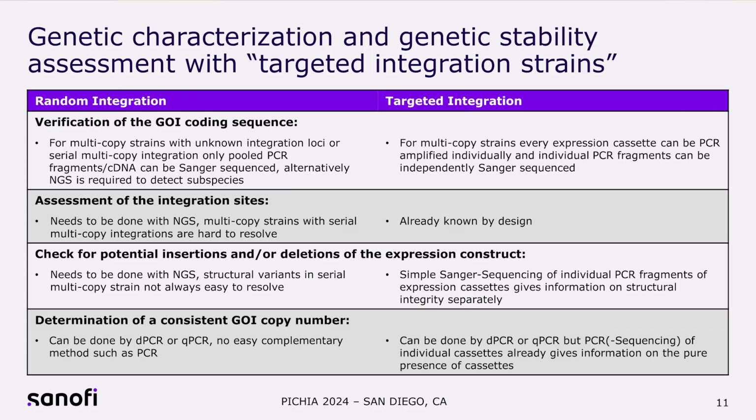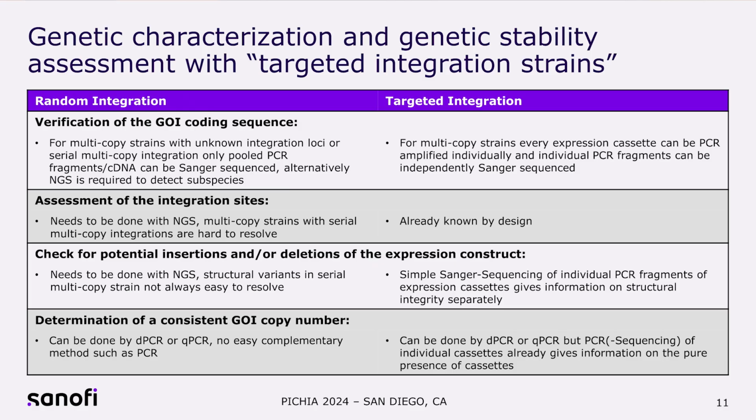And so we were thinking, how would that look if you do targeted integration versus random integration? And we think targeted integration would make life very much easier in terms of genetic stability analysis. I've already outlined the problems for verifying the gene of interest coding sequences in strains that were generated with random integration.